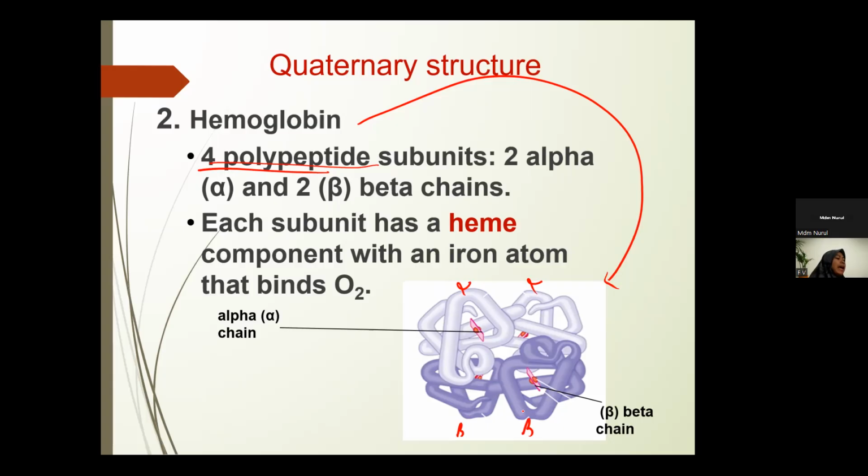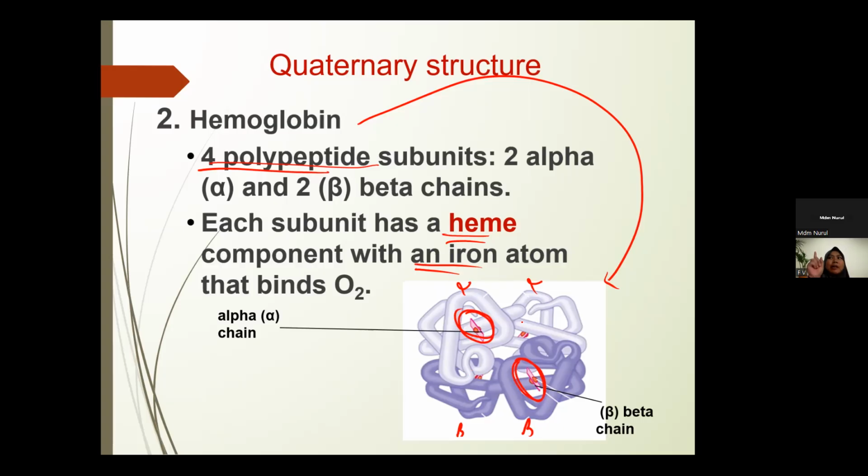Okay. And every subunit has heme group component with ion that bind to oxygen. Alright, so kat tengah-tengah ni ada heme group. Setiap satu subunit ada heme group dan ion. Okay, heme group dan ion at the center that bind to oxygen molecule.